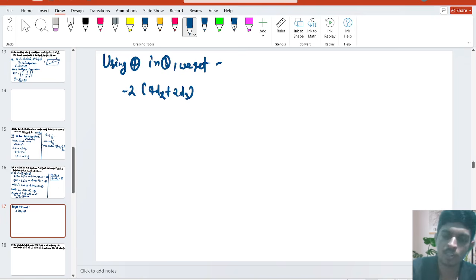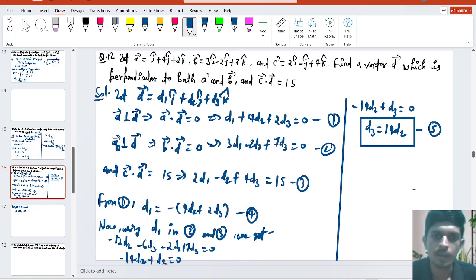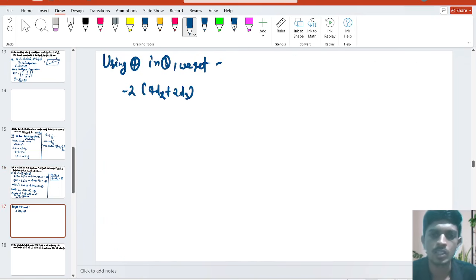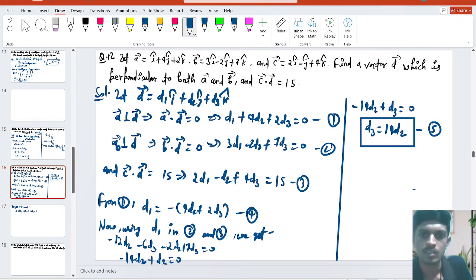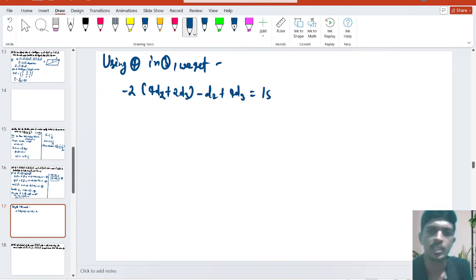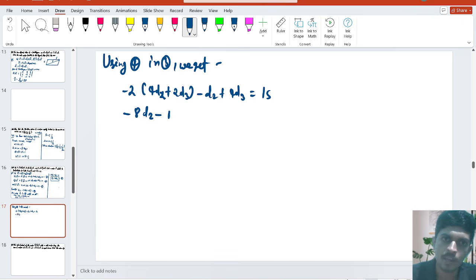This is minus 2D1 here, minus 2D2 plus 4D3, minus D2 plus 4D3 is equal to 15 here. Simplify it, you get minus 8D2 minus 4D3 minus D2 plus 4D3 is equal to 15.